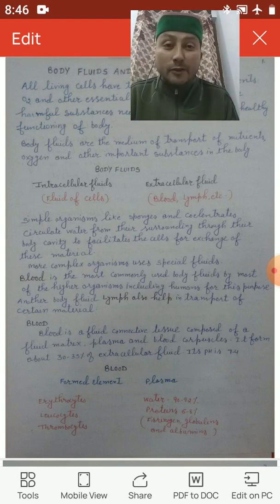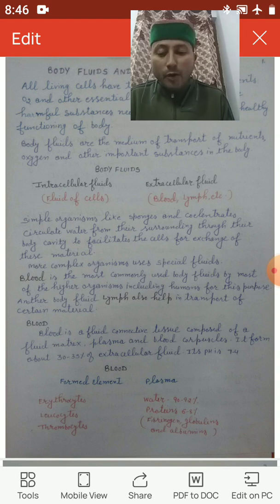But more complex organisms use special fluids. Blood is the most commonly used body fluid by most of the higher organisms, including humans, for this purpose. Another body fluid called lymph is also very important for transport of certain materials.